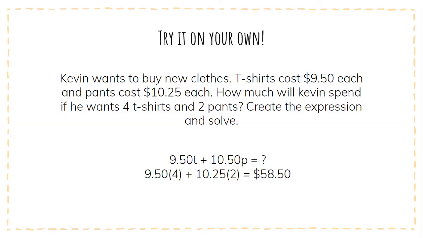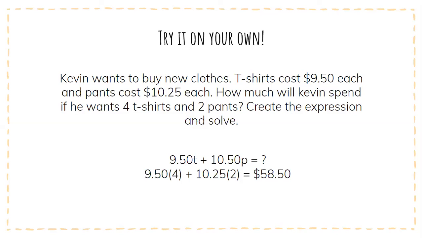So my 9.50 times 4 plus my 10.25 times 2 gives me a total of $58.50. So if Kevin wanted to buy 4 shirts and 2 pairs of pants at those prices, he would spend $58.50.